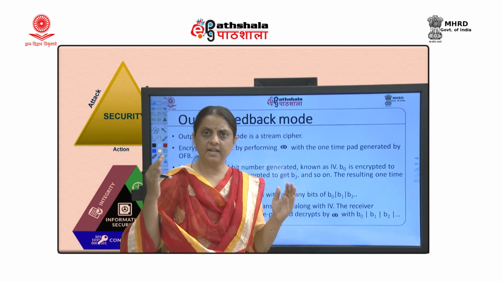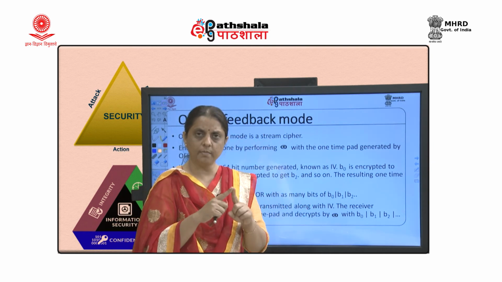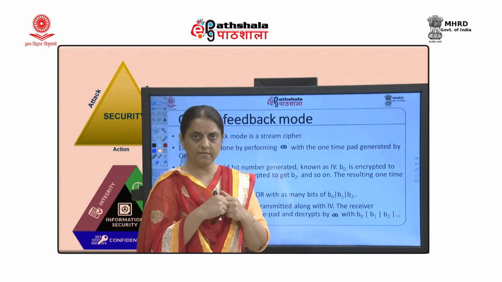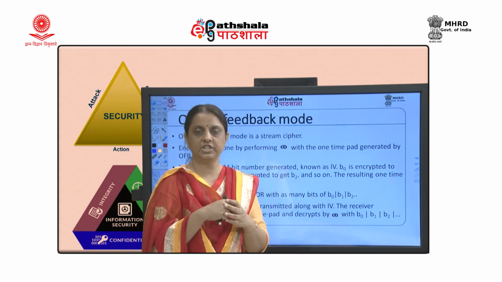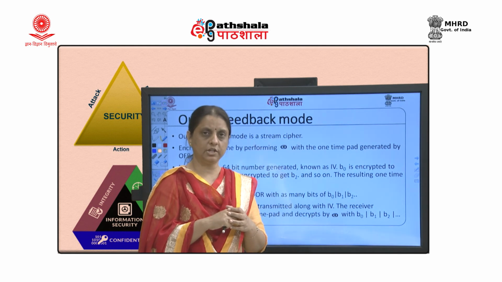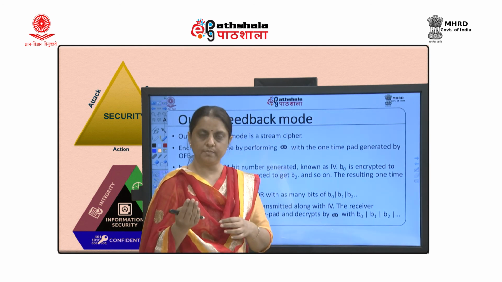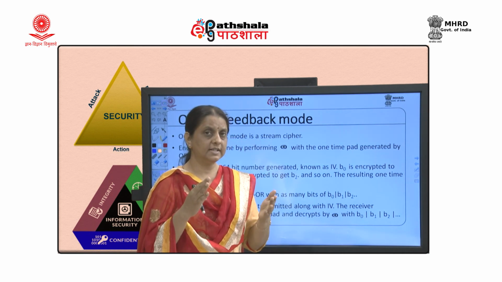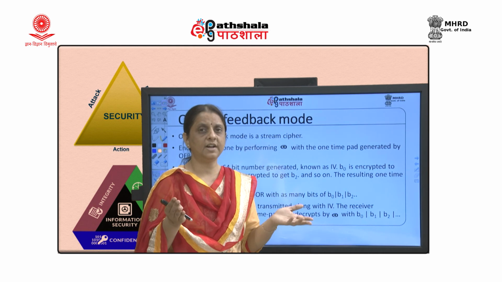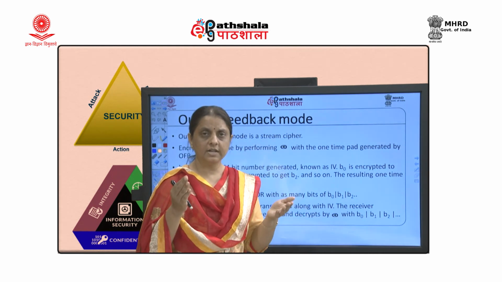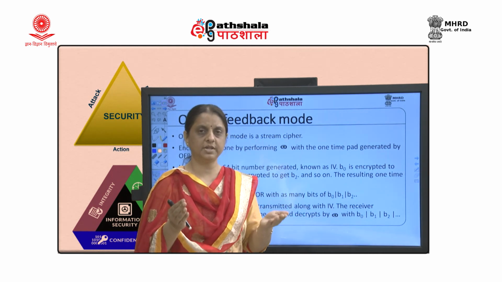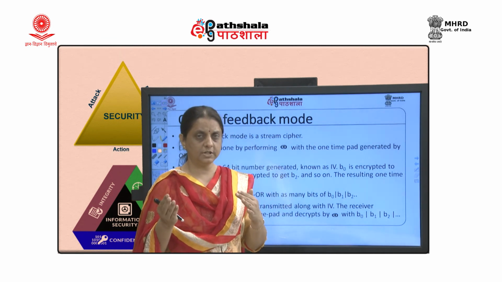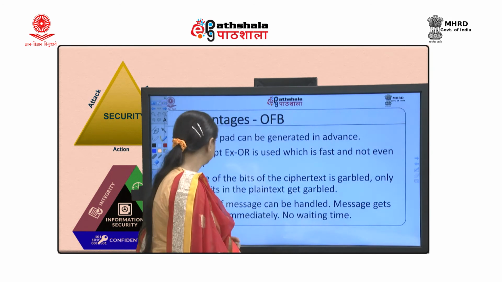So, what the sender and receiver have in common is the key which they are using for generating B0, B1, B2 and the algorithm which they are using for generating B0, B1, B2; they should be pre-communicated. The advantage of this is that it can be generated in advance. It does not depend on what input the user is giving. So, we can generate IV, B0, B1, B2 in advance.